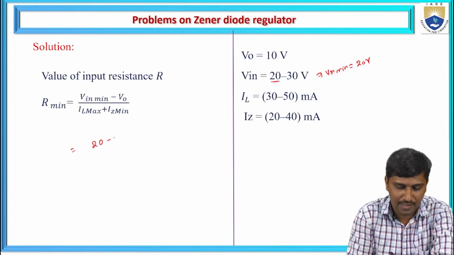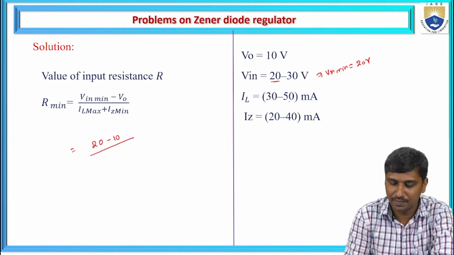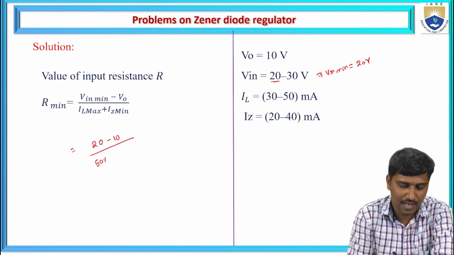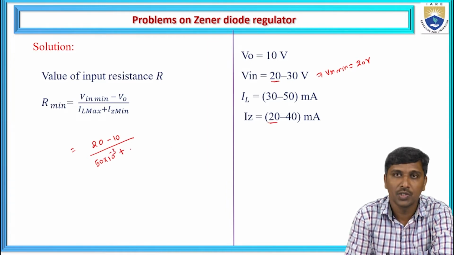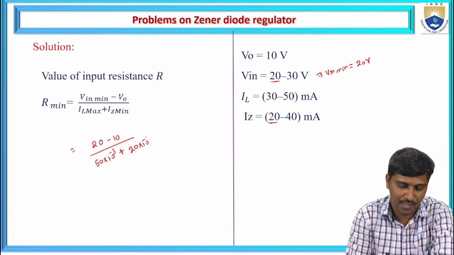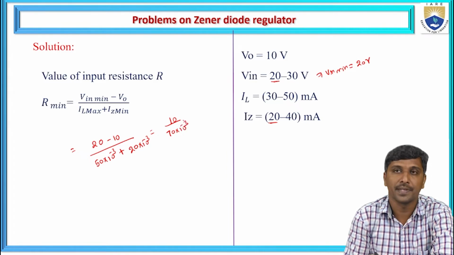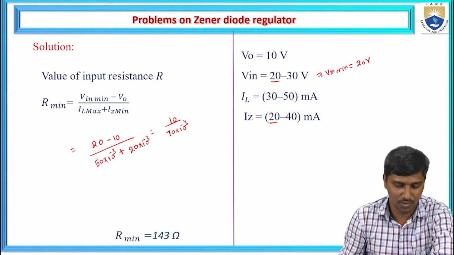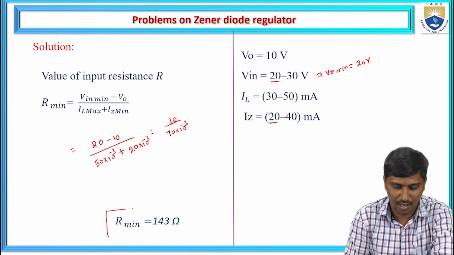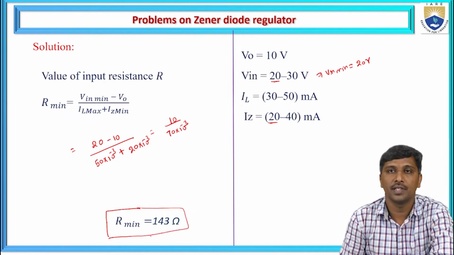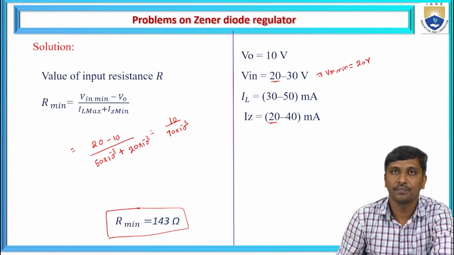So 20 minus V0 of 10 volts, divided by IL maximum, 50 milliamperes, that is 50 into 10 power minus 3, plus IZ minimum, 20 milliamperes. This is 20 minus 10, that is 10, divided by 70 milliamperes. By solving this ratio, it gives that the R minimum is 143 ohms.